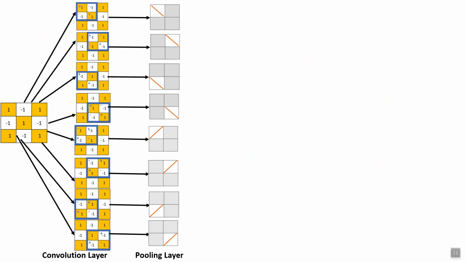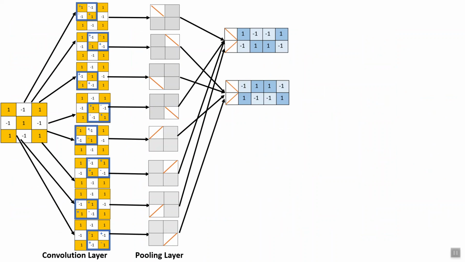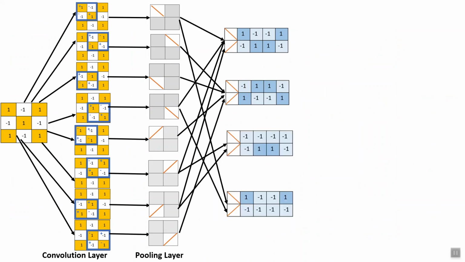After this pooling layer, things become this kind of matrix. Your image does not look like pixels anymore. Okay, so we have to map this to a matrix.